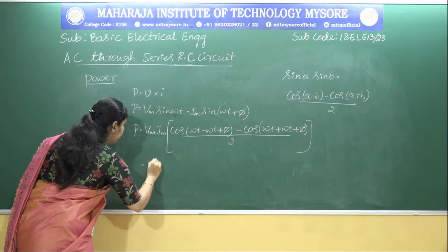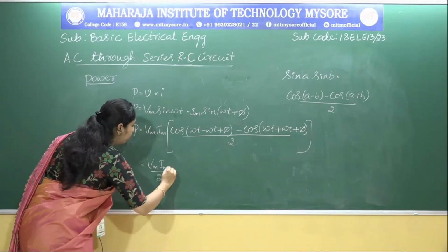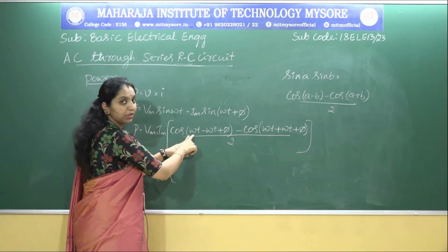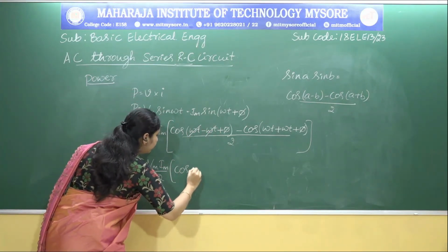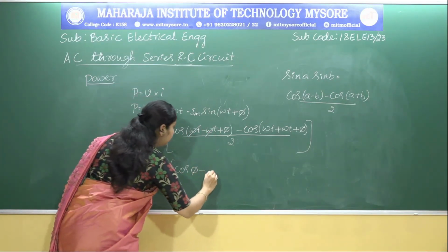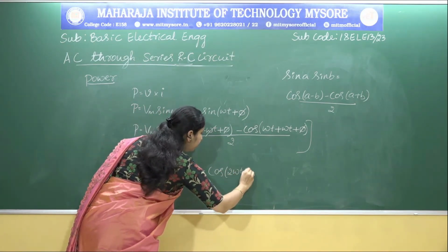In the next step we can have Vm Im divided by 2, and what happens here, omega t minus omega t gets cancelled, so you get cos phi minus cos of (2 omega t plus phi).